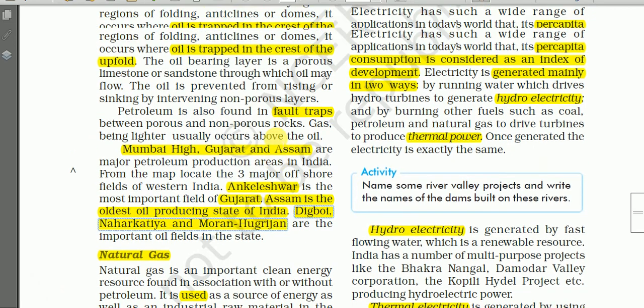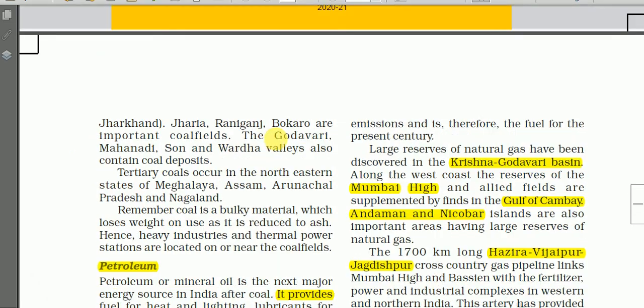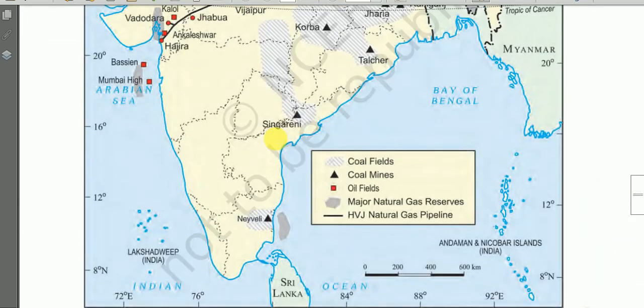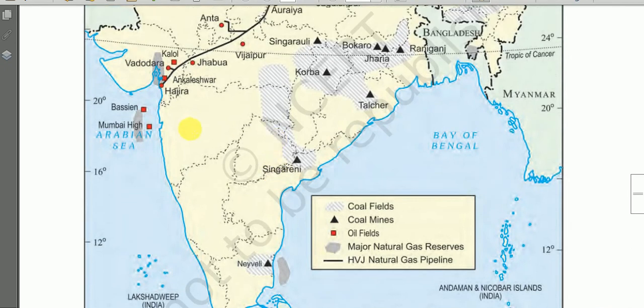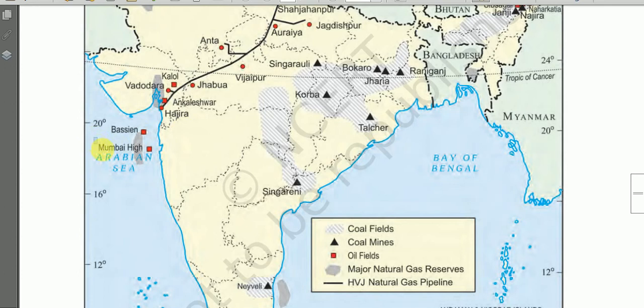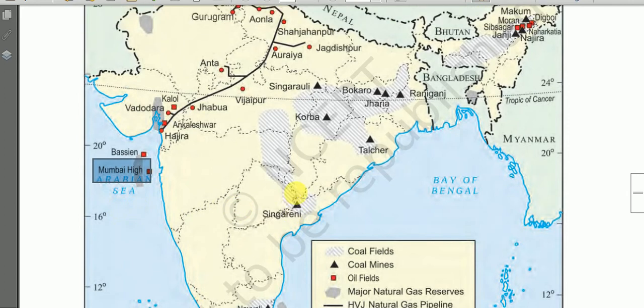One map is here on page number 57. This map shows the distribution of oil fields in India. Mumbai High lies here, off the coast of Mumbai. Then other states also have oil fields.